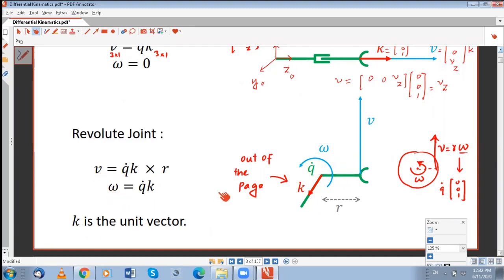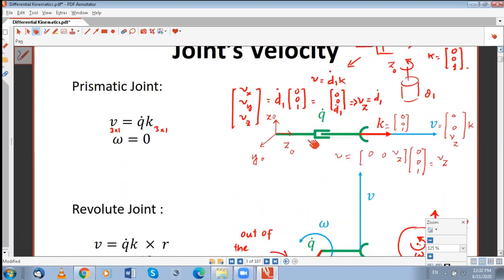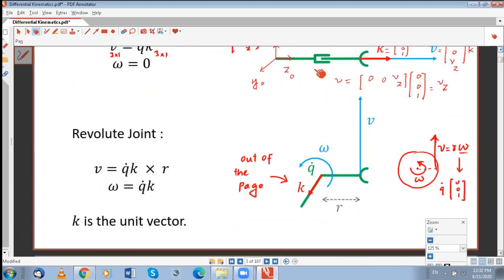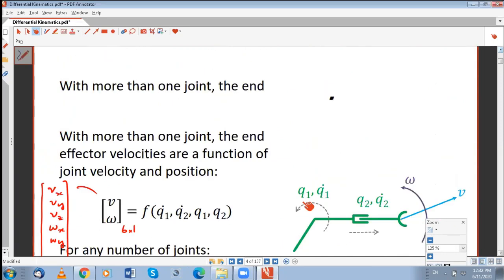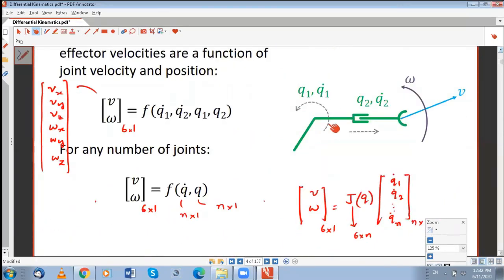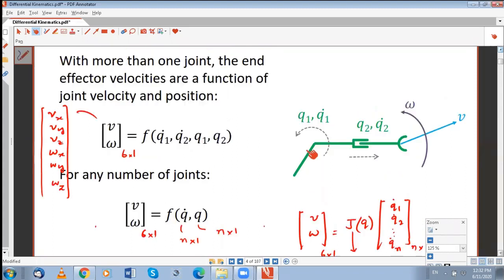K is the unit vector. That's the simplest one joint. Okay, prismatic, revolute, let's put these two together and make a robotic arm which has two joints. One is a rotary joint, a revolute joint, undergoing Q1 or Q1 dot, its angular position and angular speed. So Q1 is our joint variable.